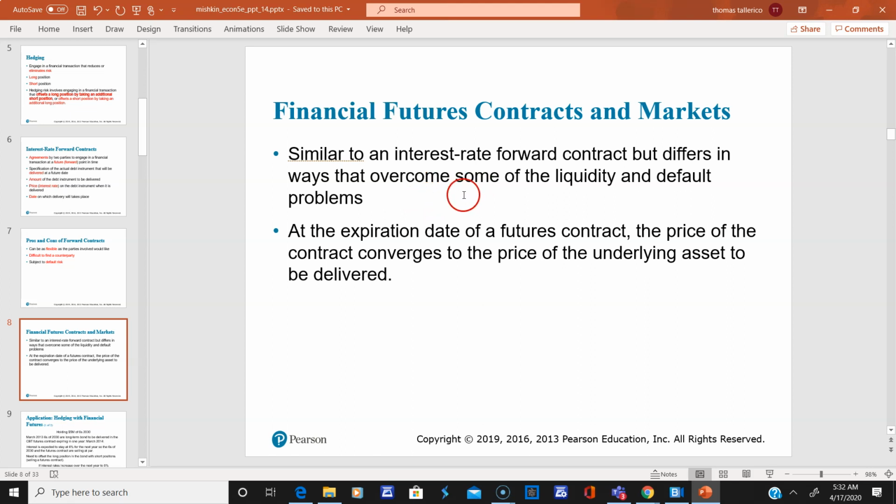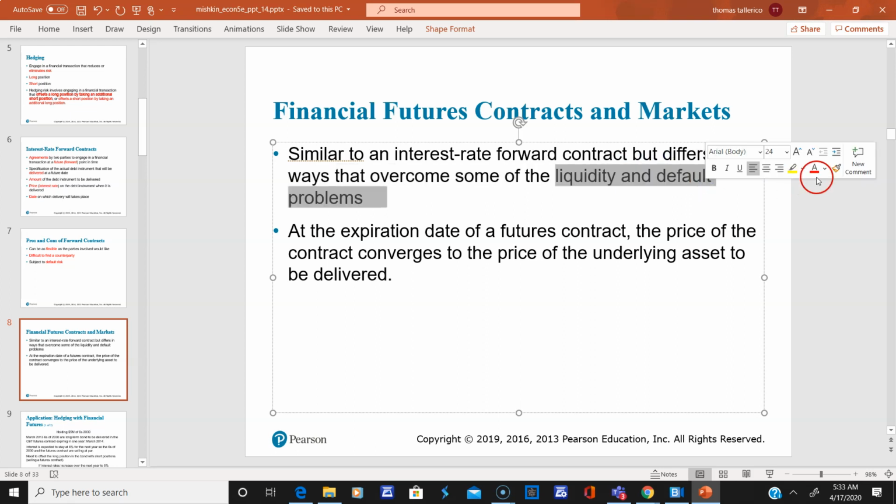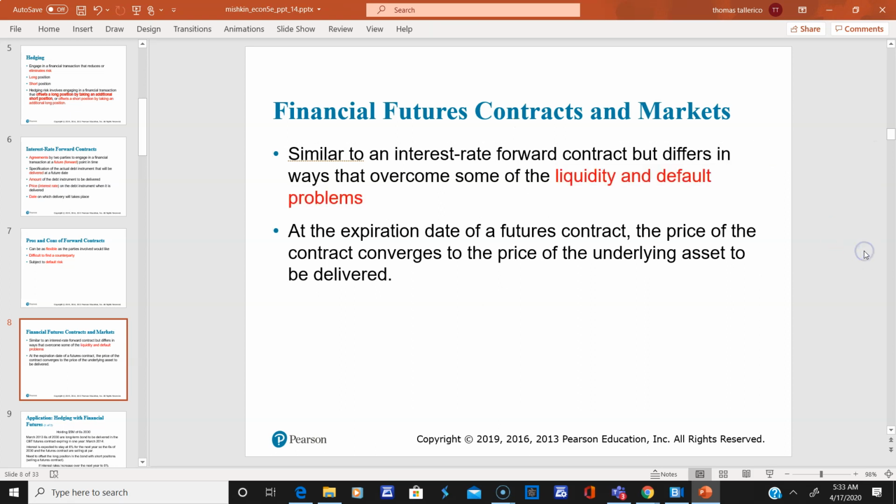They have standardized features that allow them to be traded on exchanges. So basically, they eliminate the problem of having to find someone, and you could actually resell these, and they're very liquid because they're standardized, and it removes a lot of the scary problems associated with default. Okay.